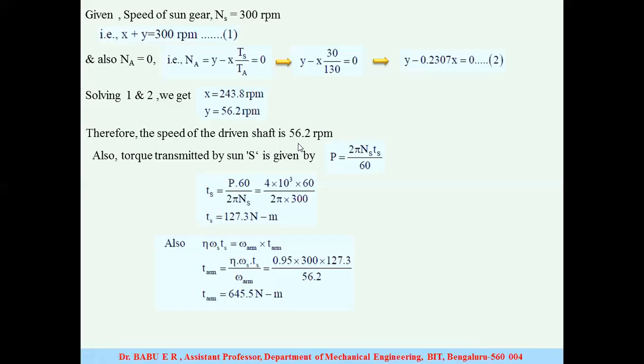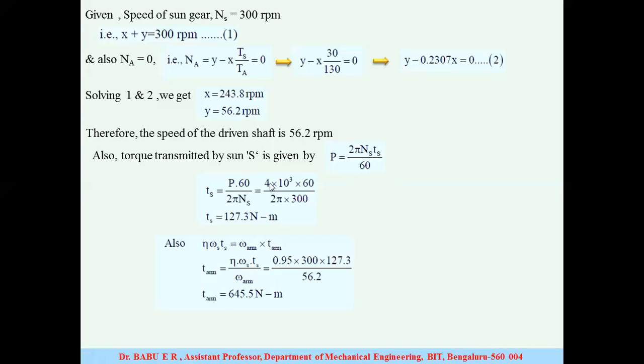And also you have to find out the torque transmitted by the sun gear. We know that the power transmitted P is nothing but 2 pi N T by 60. So P equals 2 pi ns Ts by 60. So you find out the torque transmitted by the sun gear: Ts equals P into 60 by 2 pi ns.